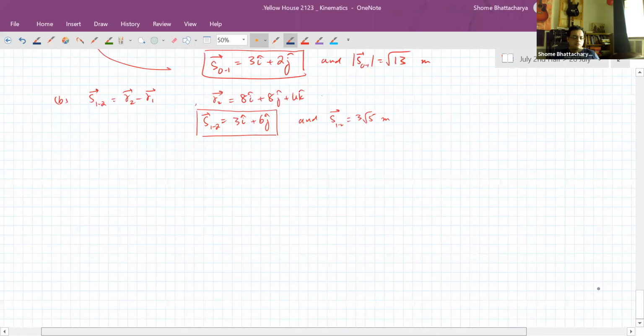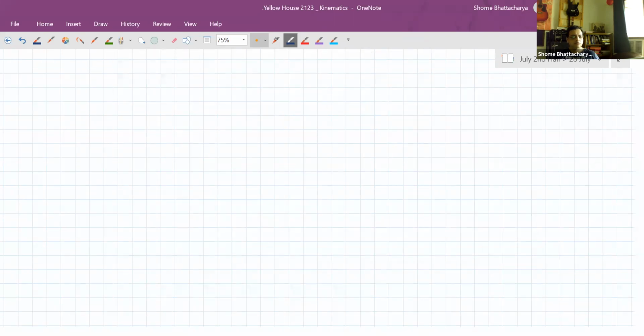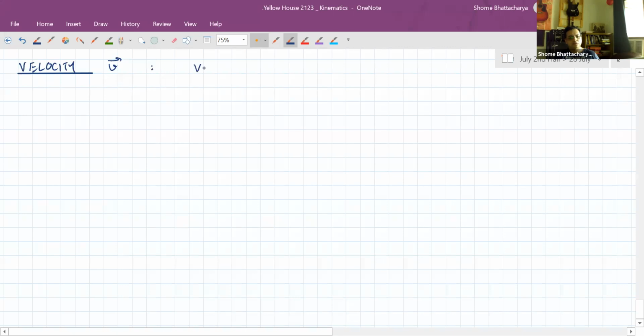Okay, so let's come back to the next definition now in our list of parameters. Velocity. So in general, we describe velocity as the rate of displacement covered with respect to time.